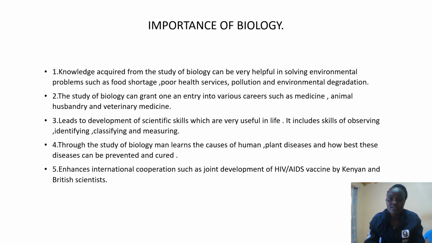Also in plants, there are diseases, for example, in a bean plant, there are certain diseases that affect it, such as bean anthracnose, whereby you can be able to identify what causes that disease in beans and how best you can prevent the disease.